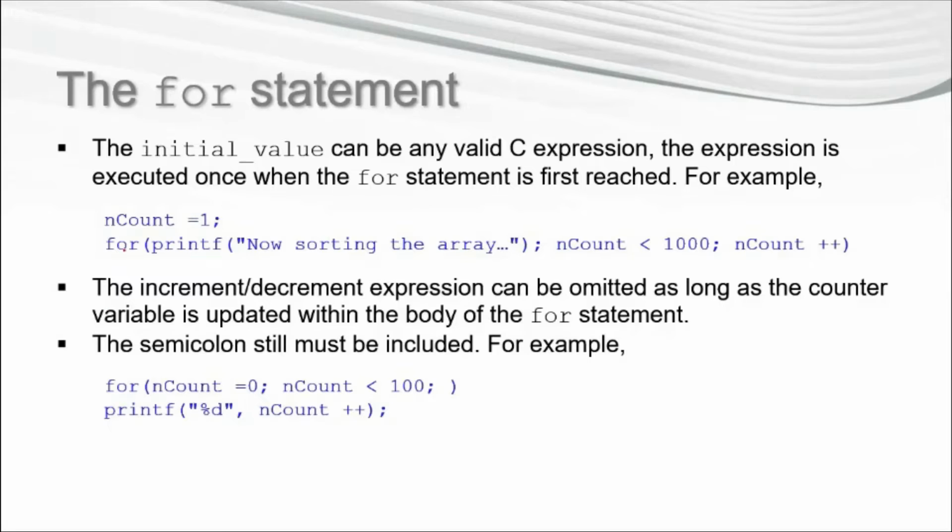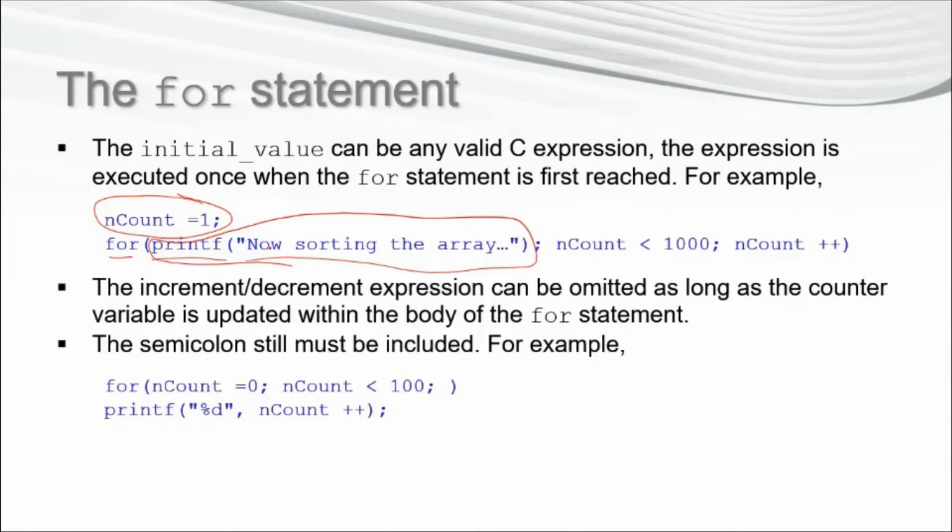As an example, n count equal to 1, that is initialized here. Then we go to the for. Inside the for, it is printf, now sorting the array. So this will be printed as the initialization. Here n count is already initialized as 1, so you don't have to initialize it again here.